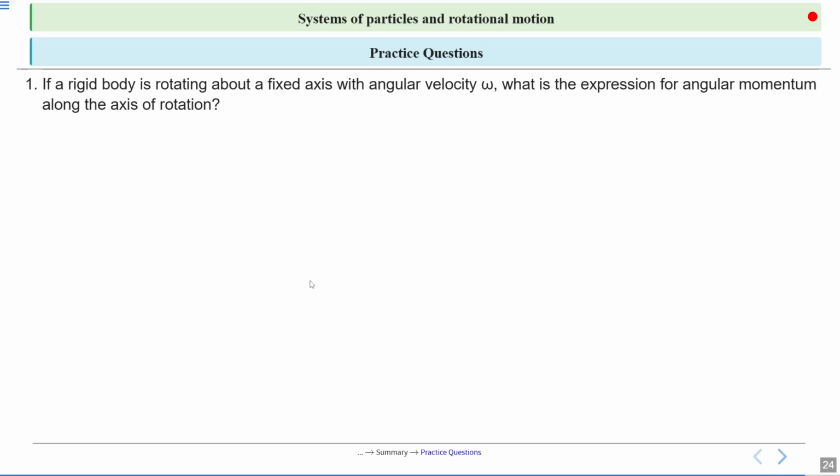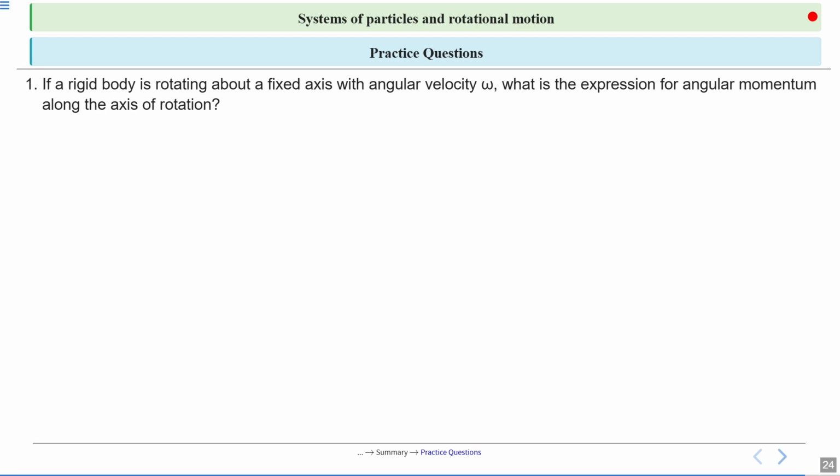Now we have practice questions, and this is homework for you. First, if a rigid body is rotating about a fixed axis with angular velocity omega, what is the expression for angular momentum along the axis of rotation?